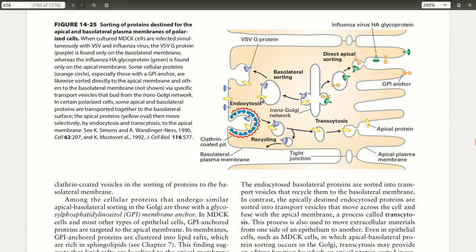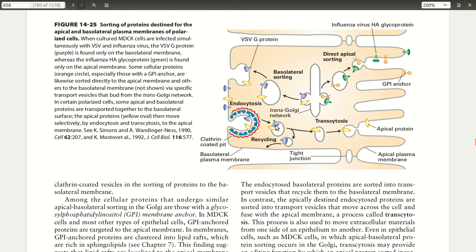And the purple one is a basolateral protein, but the yellow protein here is actually meant for the apical membrane. And so the way that the apical protein is returned to the apical membrane from the basolateral membrane is through endocytosis of these clathrin-coated vesicles.